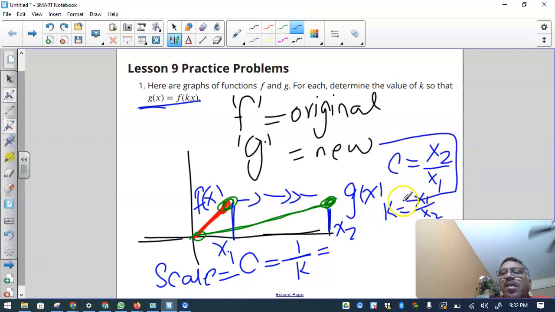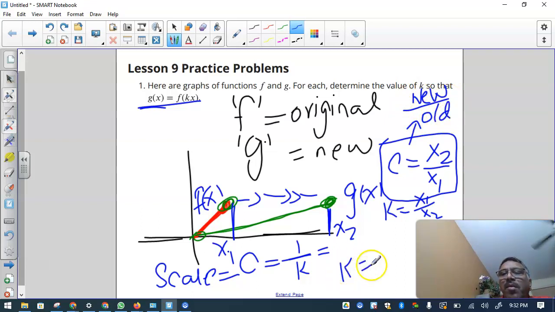What C is, you can also remember, is new divided by old, and k is the old x1 divided by x2. So we are going to use this all the time. We want to know how much this is stretching, right?